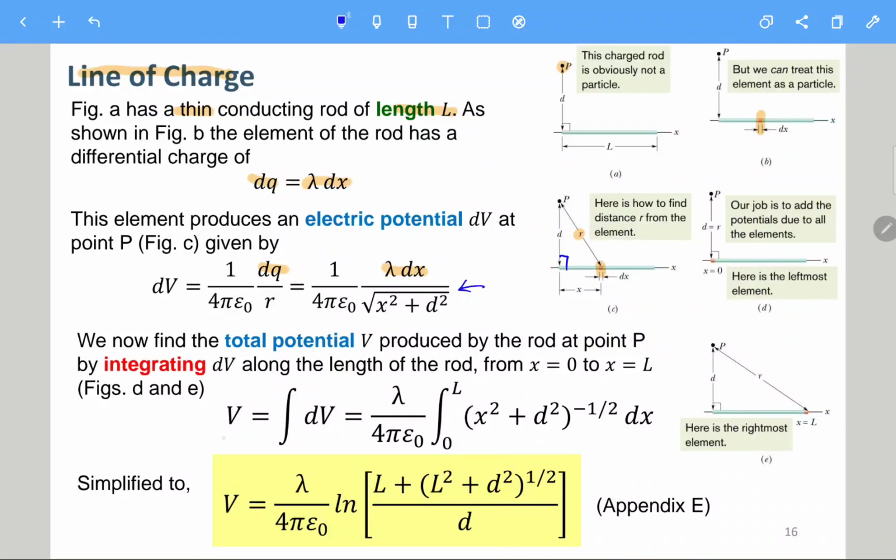We calculate V by integrating dV from 0 to L, because x is measured from the origin of the x-axis, so we integrate from 0 to this point, which is L.